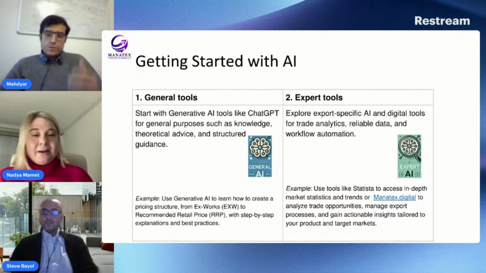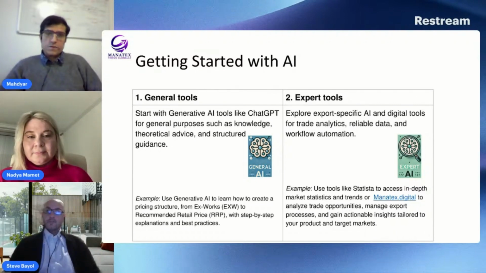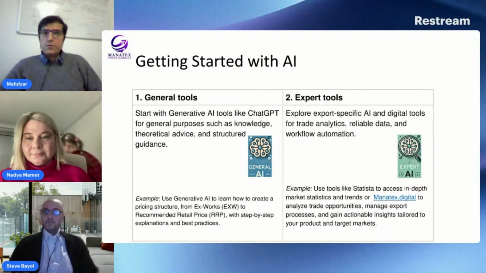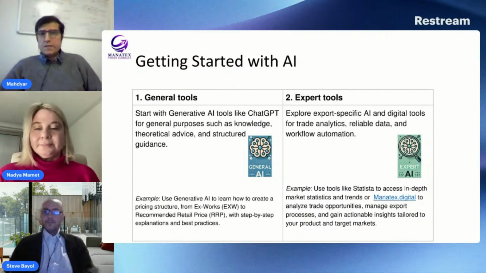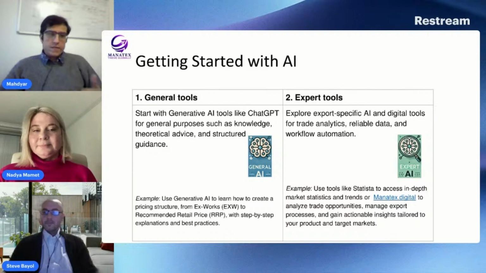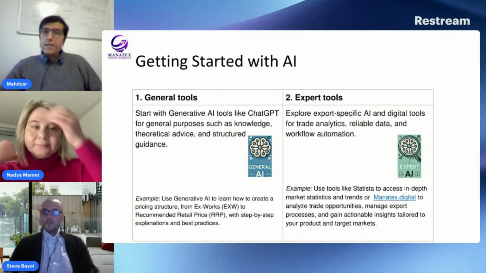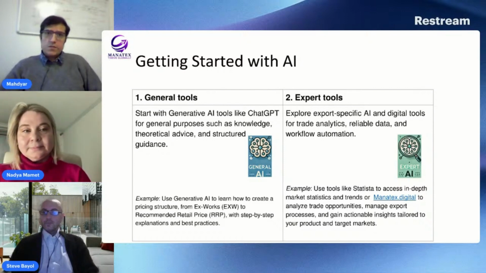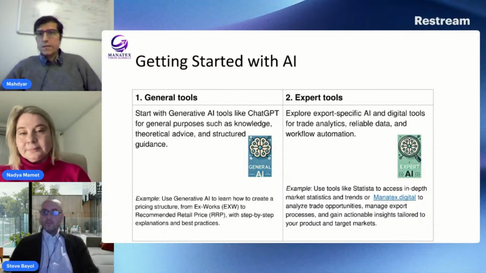I know all of you already are using some sort of generative AIs, but I can simply categorize it in two large categories. The first category is generative tools. It's general tools like ChatGPT, Google Gemini, and these are built for general purposes, such as knowledge, theoretical advice.